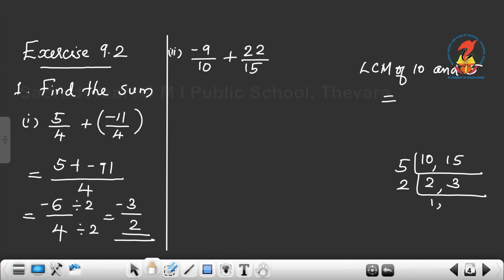Therefore 2, 1, 3, then 3, 1, 1. So the LCM is equal to 5 into 2 into 3, which is equal to 30. So the LCM is 30. You can apply the division method to find the LCM, or if you can find it straight away, you find the LCM.